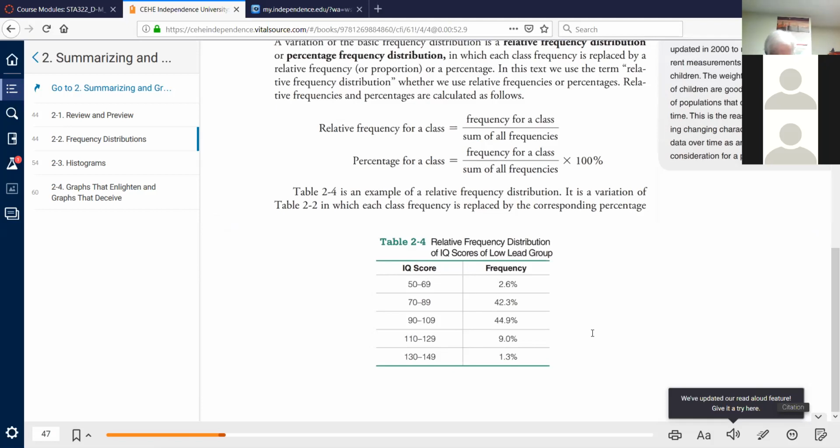We see these in terms of political polls. Last night we were looking at the ballots for this election coming up.